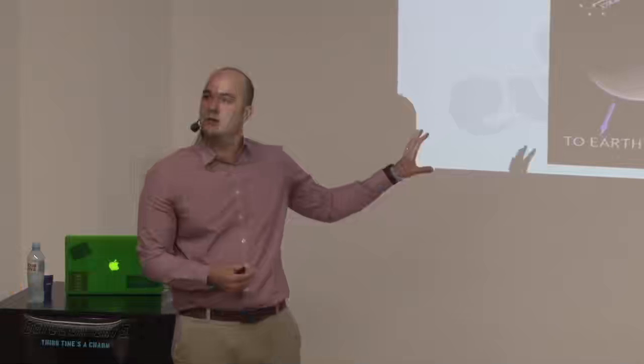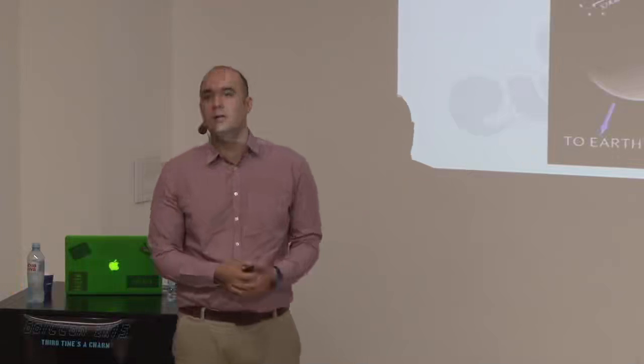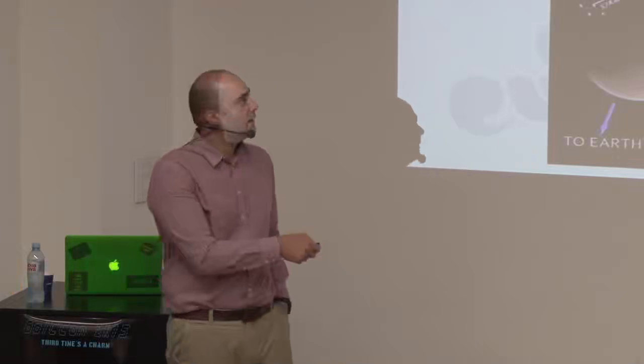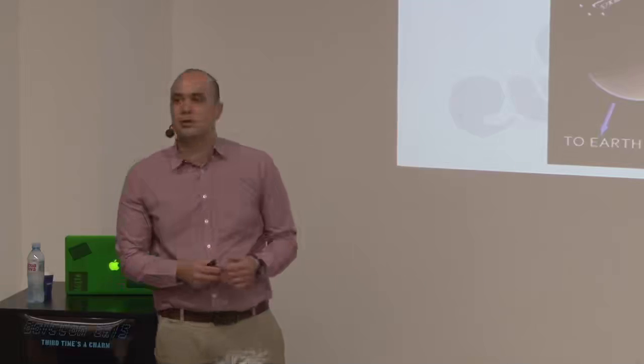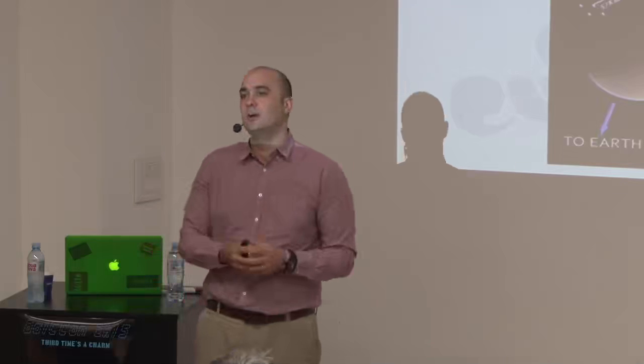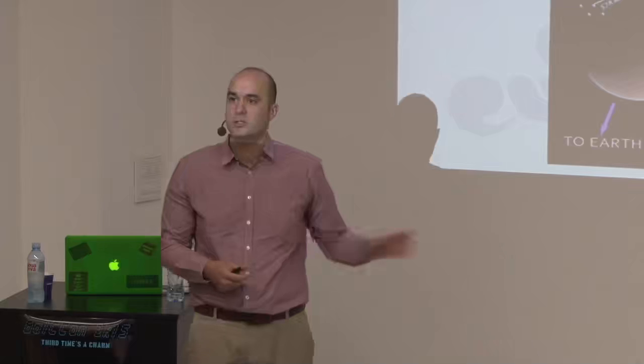So this was a $300 million piece of software that crashed because the coder who was writing the code, during this trajectory calculation, just took two different units of measure and multiplied them. So the result was something very strange, and it crashed.